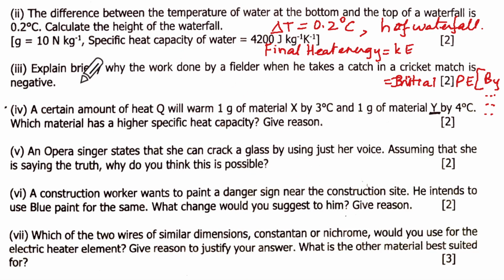In the next step, you'll say, therefore, heat energy, meaning mc delta T, is equal to mgh, correct? So if you take the unit mass, or whatever mass, the mass remains the same.